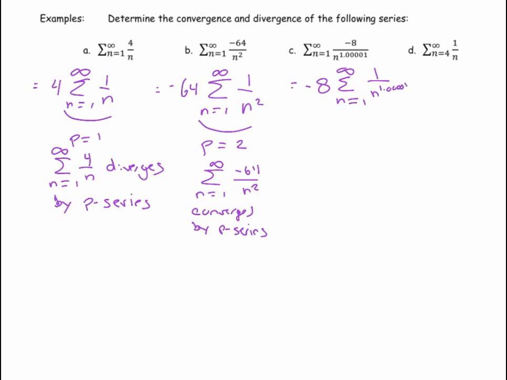Right? And just to show you that even if it's only slightly over 1, the rule is still the same. So p is equal to 1.00001, which of course is bigger than 1. Maybe I'm going to just state that to remind you in both these cases. So that implies that that is going to converge.